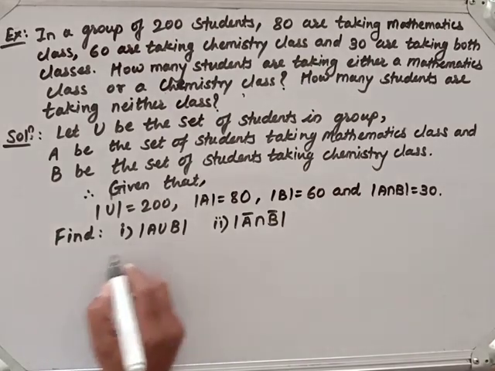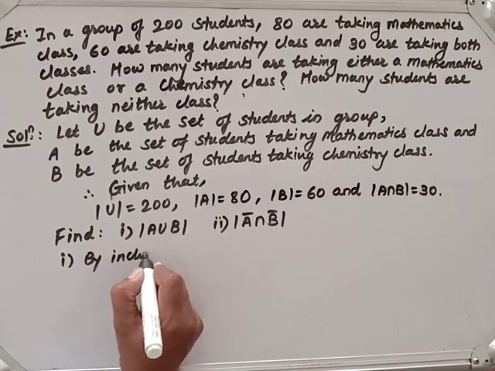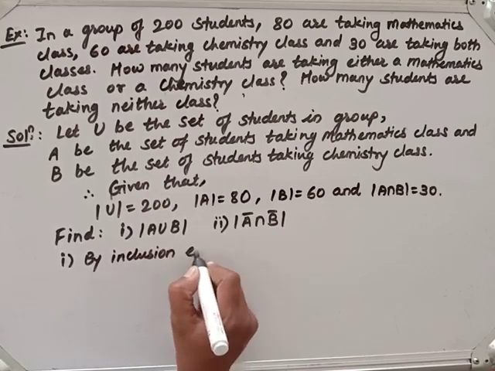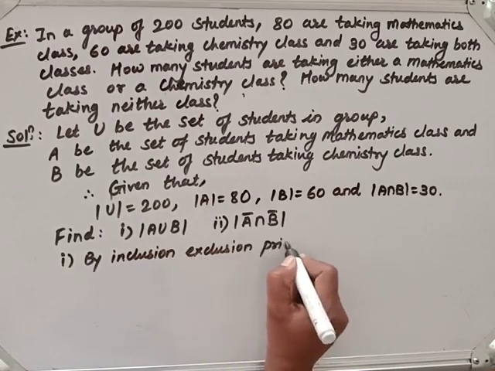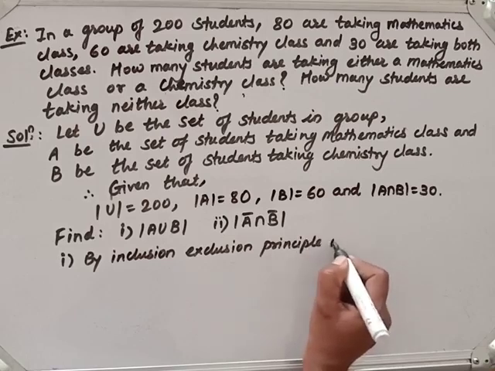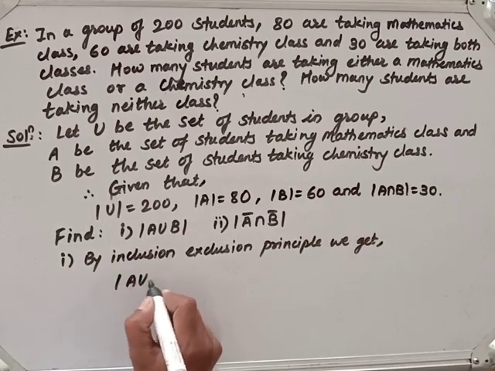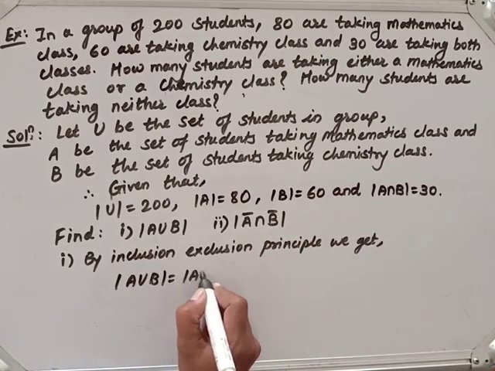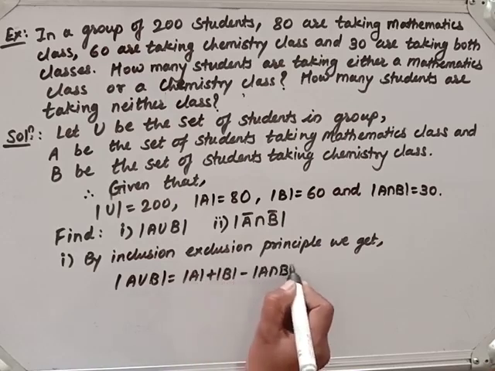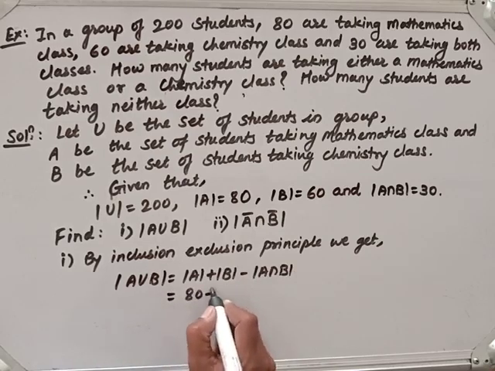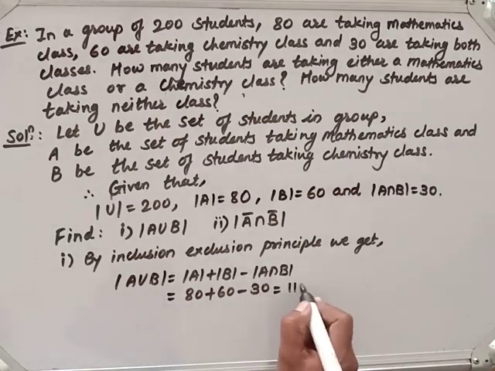For finding the first, by the inclusion exclusion principle we get the cardinality of A union B is the cardinality of A plus the cardinality of B minus the cardinality of A intersection B. That is 80 plus 60 minus 30, which is 110.